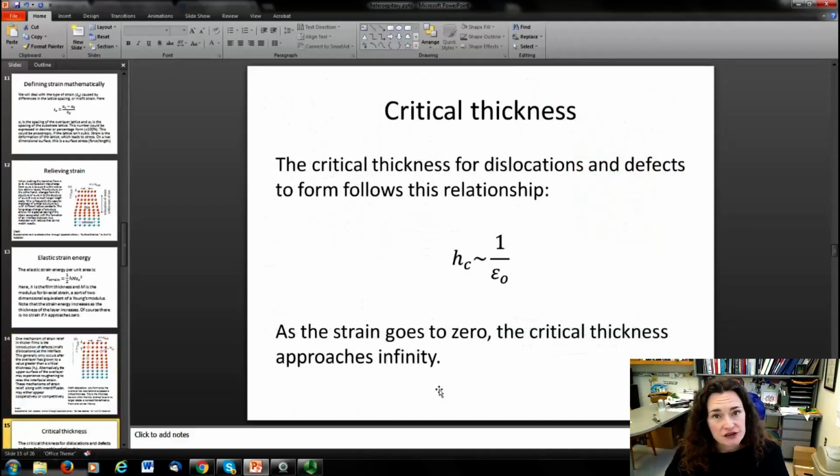Now, the equation that describes this critical thickness is really a proportionality. H sub c here is the critical thickness, and it's proportional to 1 over epsilon naught, or the strain. That makes sense because as the strain goes to 0, then that critical thickness would approach infinity. In other words, if it's homoepitaxy and you're plotting exactly the same thing, then you wouldn't need to relieve strain.